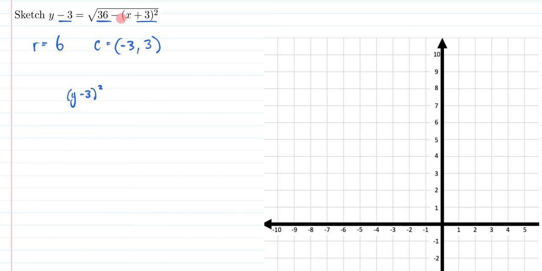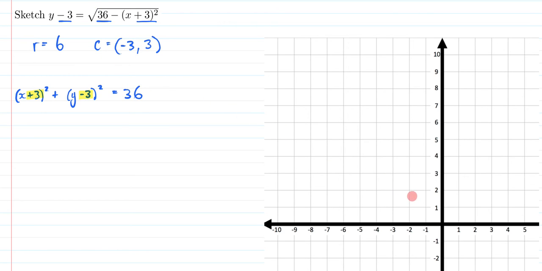I would then plus this over to my other side, and I would get x plus 3 squared. These will plus together, and I'm going to be left with 36 on this side. Now it becomes obvious that my center will be -3, which is here, and +3, which is there. So whenever you're getting stuck in this form, you should always put it back into your circle equation to figure out what it is. Now that I have my radius and my center, I can now graph it.